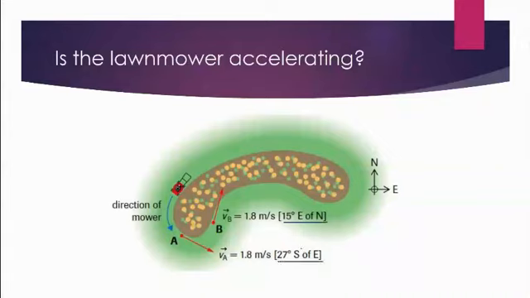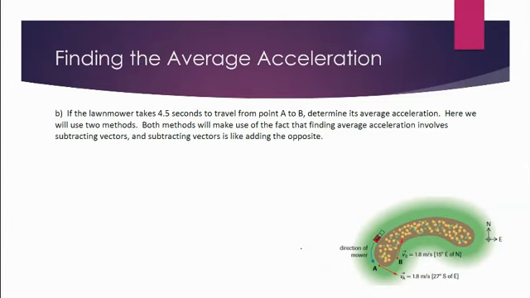So what we'd like to find is that average acceleration. We're going to say that the lawnmower takes 4.5 seconds to get from point A to point B, and we're going to find the average acceleration. And acceleration is a vector, so we are going to find the magnitude and direction.